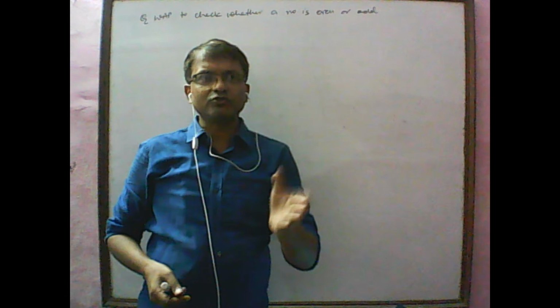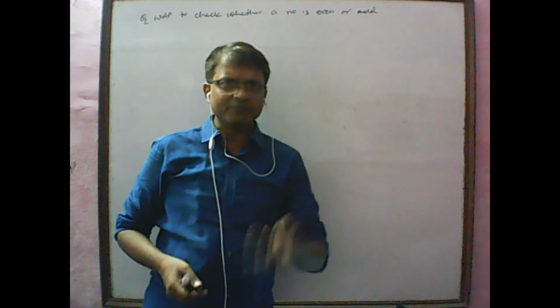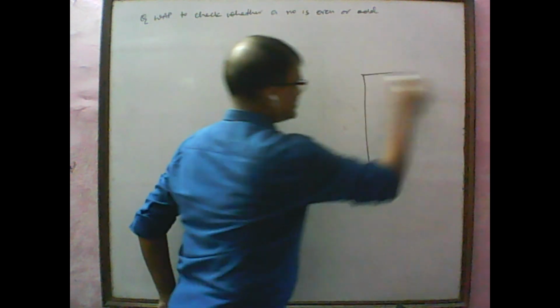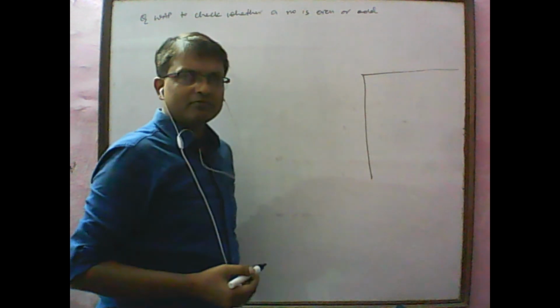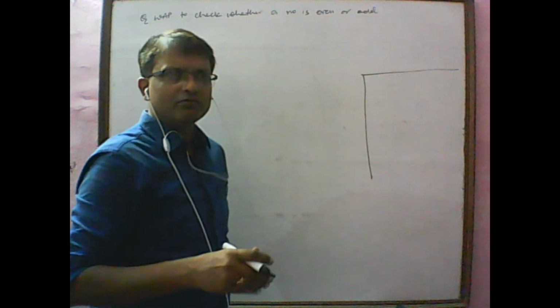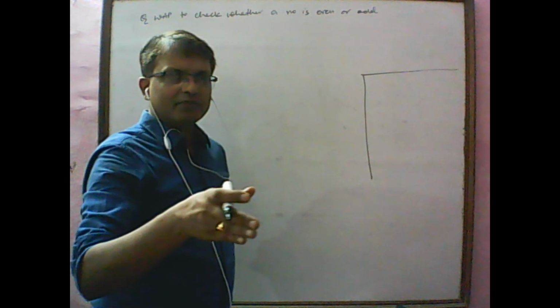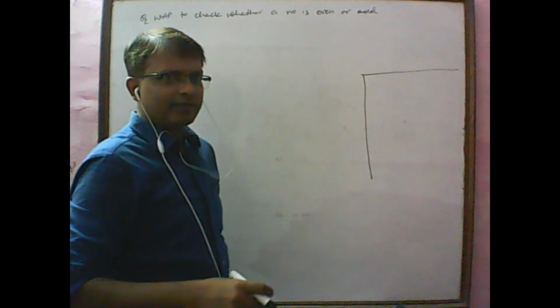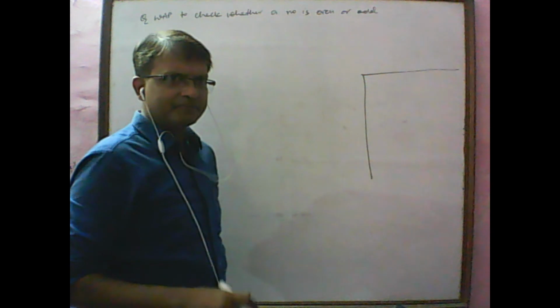And if the number is not divisible by 2, that will be odd. It's a very simple concept. But how can you say that the number is divisible by 2? After dividing a number by 2, if you get the remainder 0, the number will be divisible by 2, and in that case the number will be even.